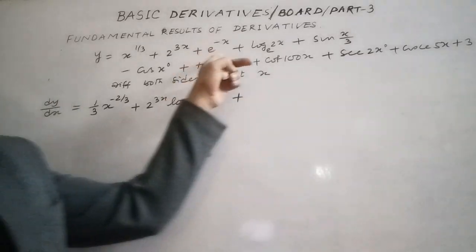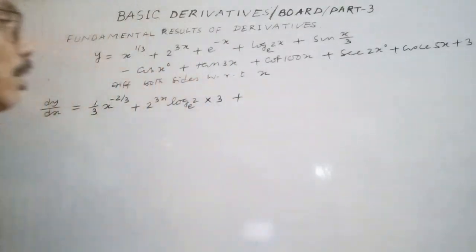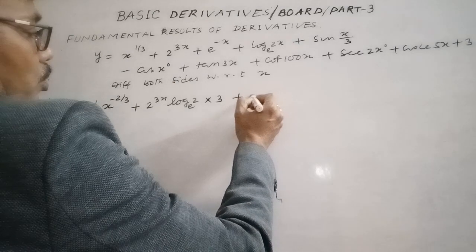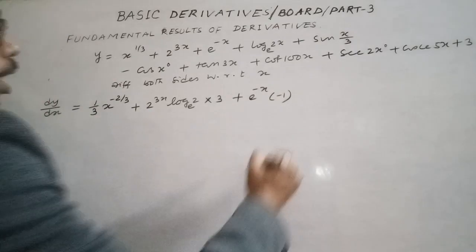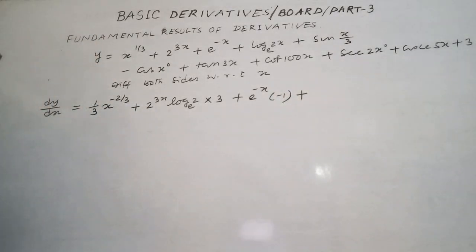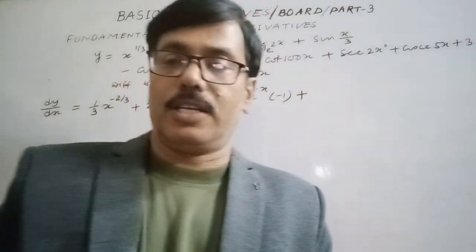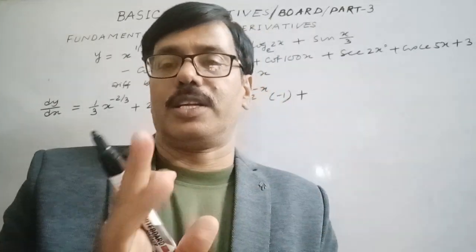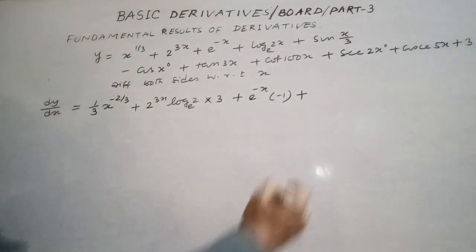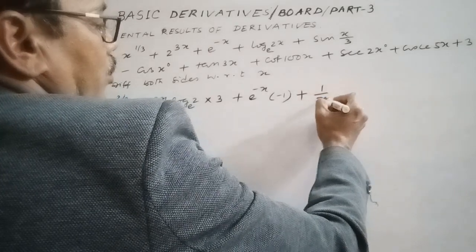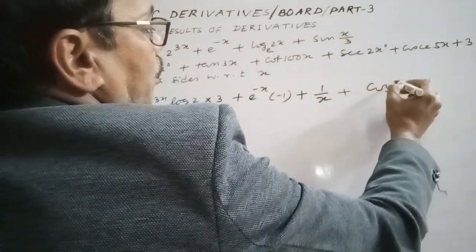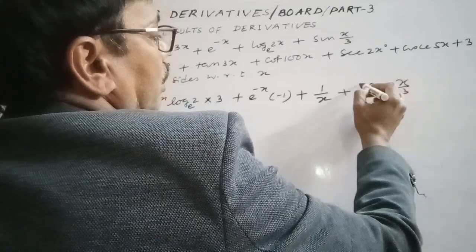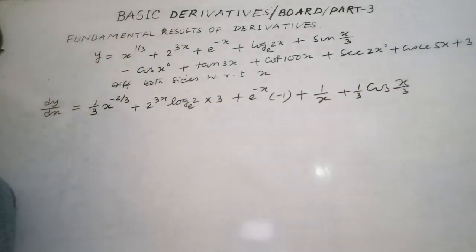Then the derivative of e to the power minus x, so e to the power minus x into minus 1. The derivative of log ax is 1 by ax into a, that is 1 by x. So this is 1 by x. Sin x by 3: the derivative of sin is cos x by 3 multiplied by 1 by 3.